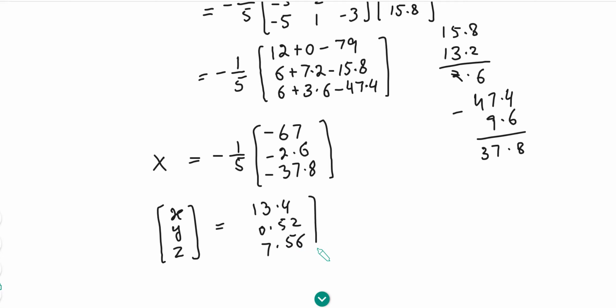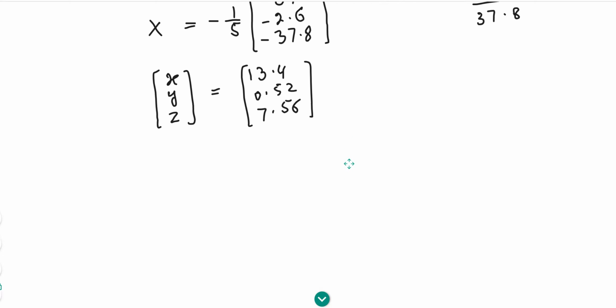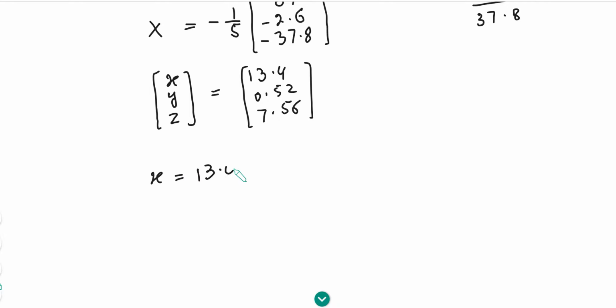Now this is a 3 rows, 1 column matrix compared with a 3 rows, 1 column matrix. So from this one-to-one comparison, our x is equal to 13.4, y is equal to 0.52, and z is equal to 7.56.